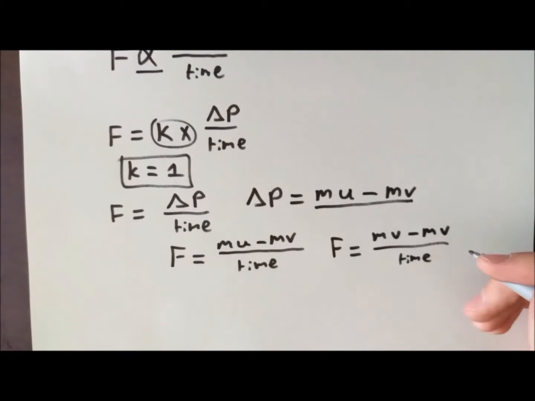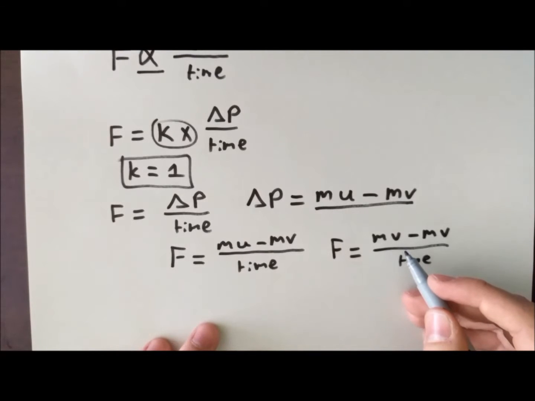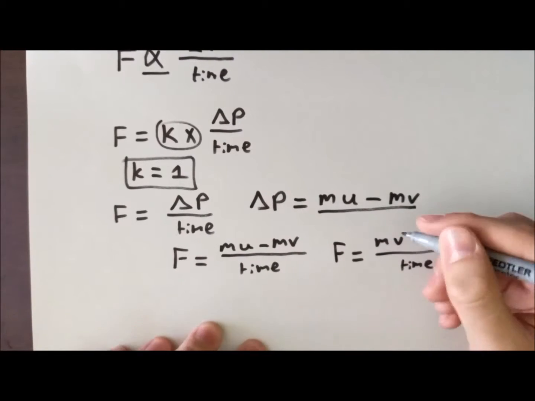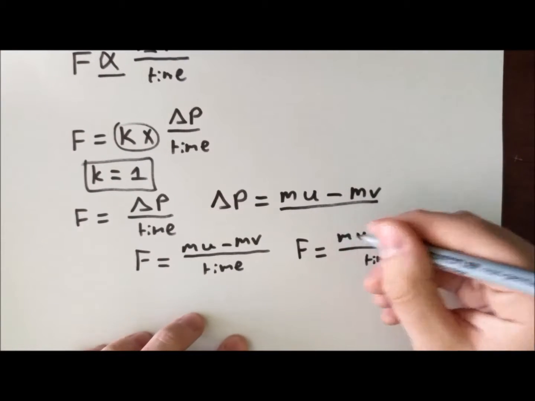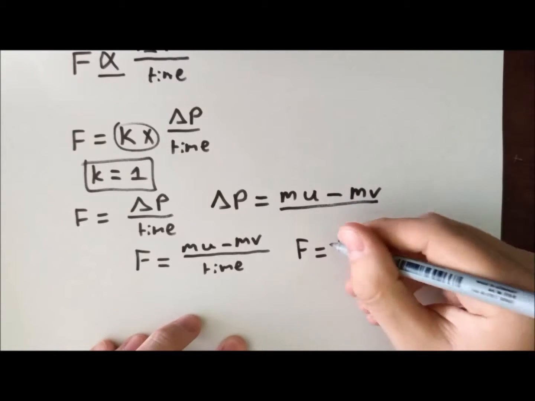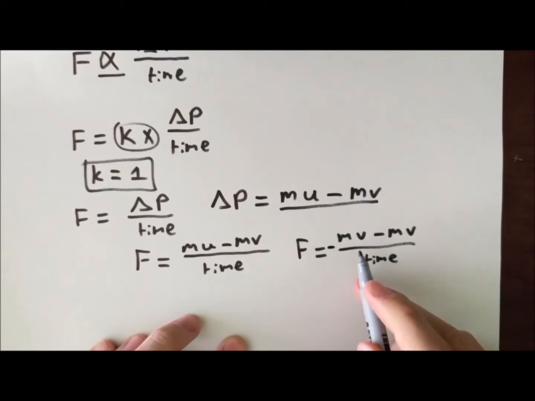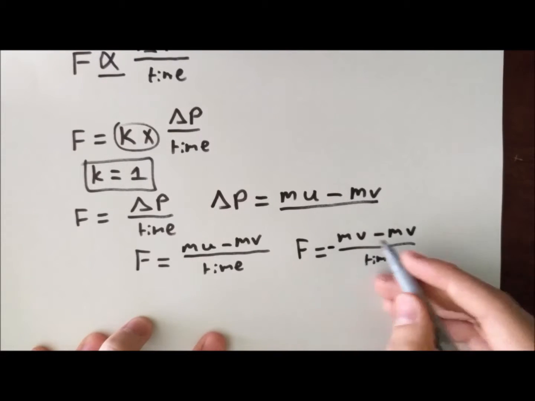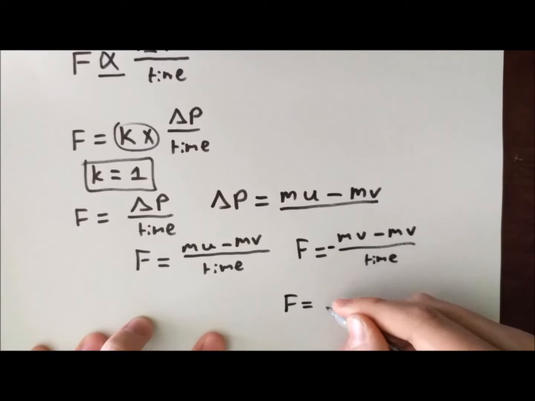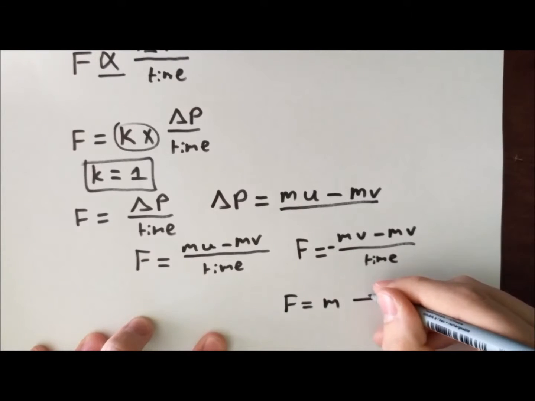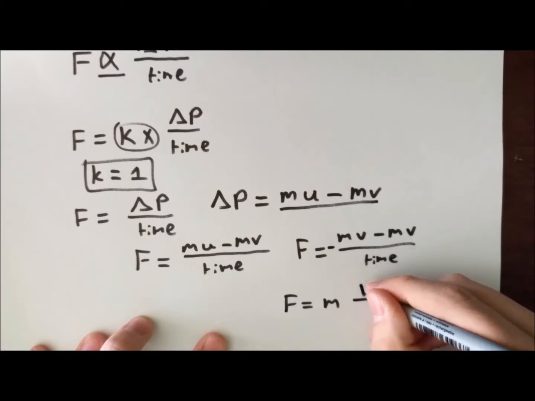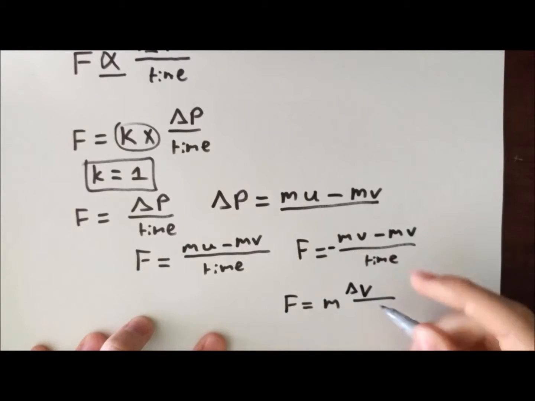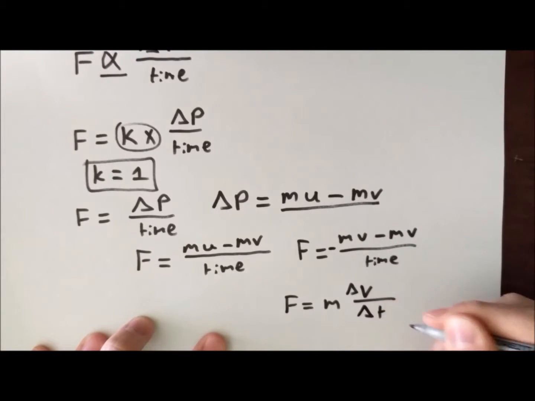But it's not actually written like this, because momentum will build up. So what it will actually look like is this, and mv minus mv will actually reinforce. So we will end up with, to simplify, F is equal to m multiplied by change in v, divided by change in time.